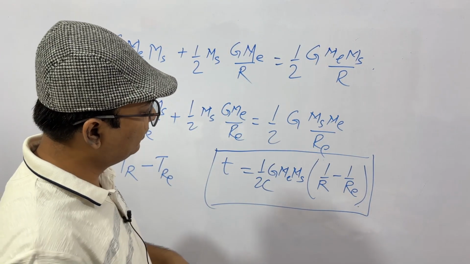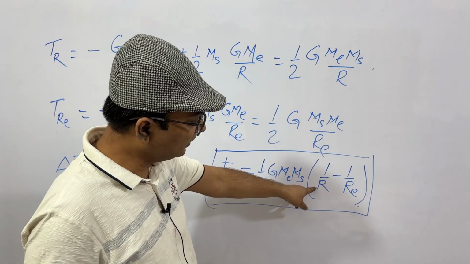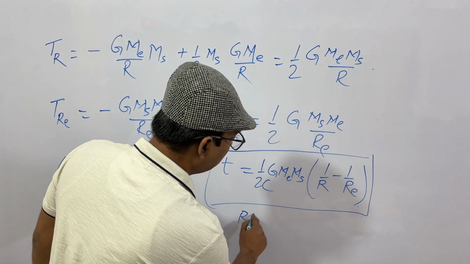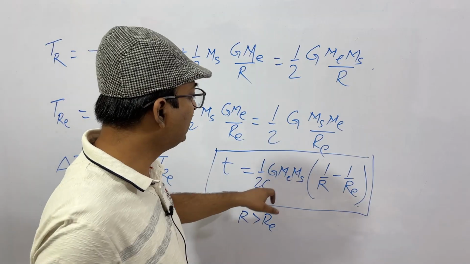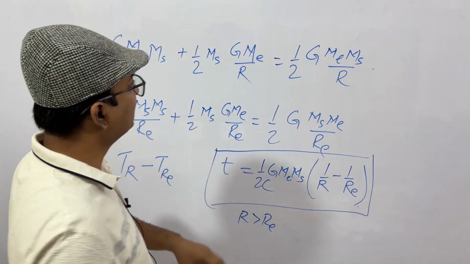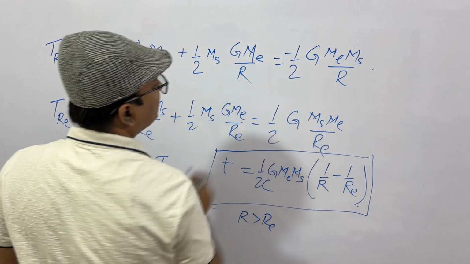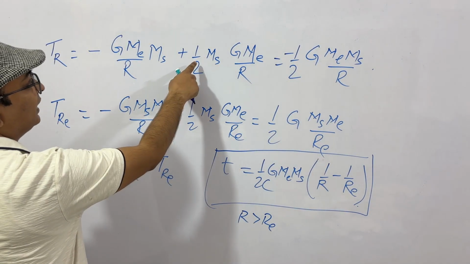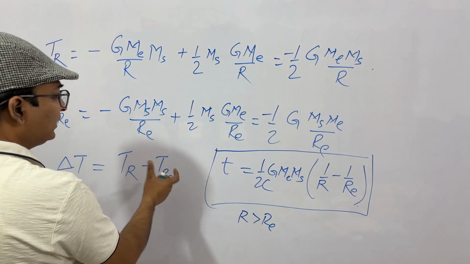But we have done a small mistake. How did I realize I have done a mistake? Because see, this R is greater than Re. So when this is greater than Re, this means this will be negative, and time cannot be negative. It cannot be minus T. So I realized there's some mistake. The mistake is here. See, this is minus and this is plus, so this will be minus of this. Again here, minus, and this will be minus of this. And so this will be just reversed.